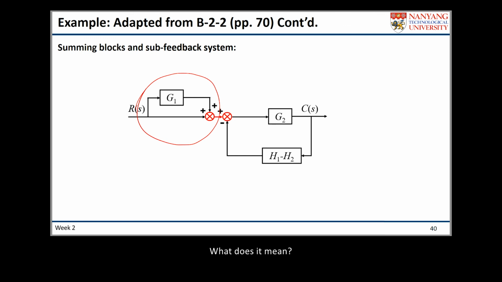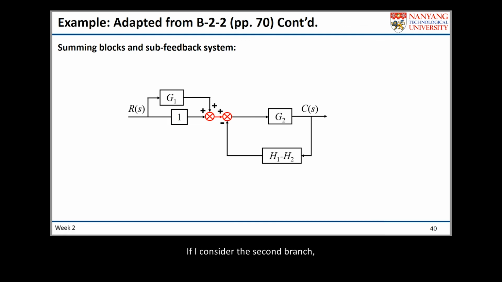What does it mean? This means we have a unity transfer function, so you can consider this with a transfer function equal to 1. It's a unity transfer function. So I can simplify this part.